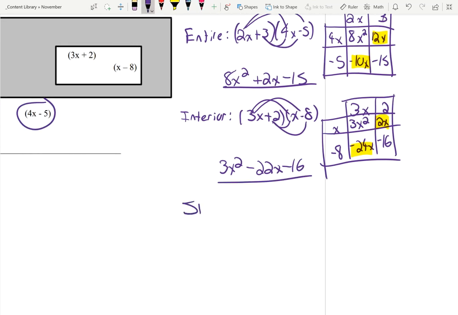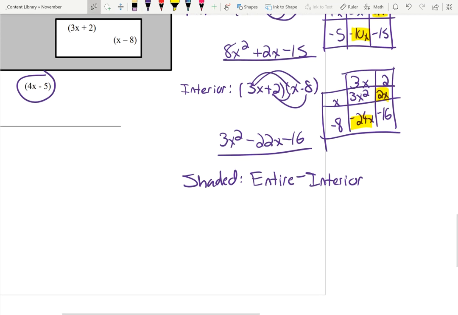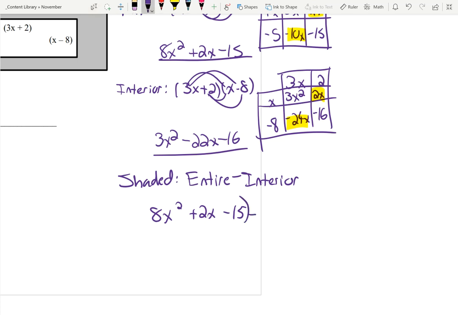So now to find the area of our shaded region, all we have to do is take the entire rectangle, subtract the interior rectangle, and we have our shaded area. So the entire rectangle is 8x squared plus 2x minus 15. And we're going to subtract the interior rectangle, which is 3x squared minus 22x minus 16.